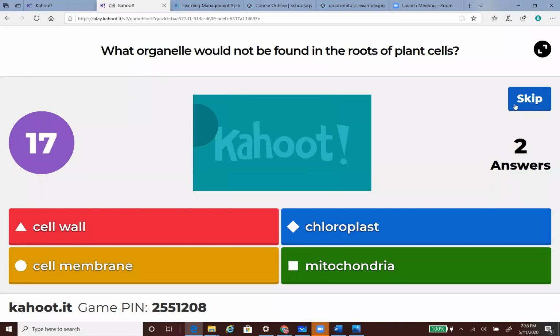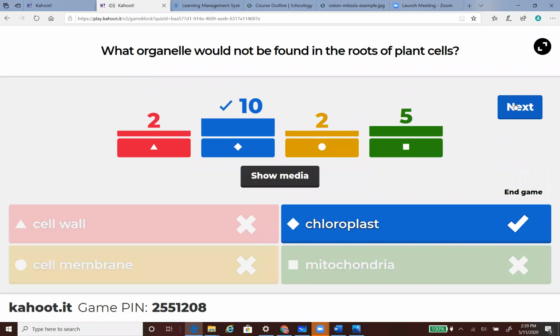Roots of plants underground. There's no light, or very little light. Probably no light. Yeah, that's right. Chloroplasts, because they need sunlight to work, so it wouldn't make sense for them to be in the roots. Next.